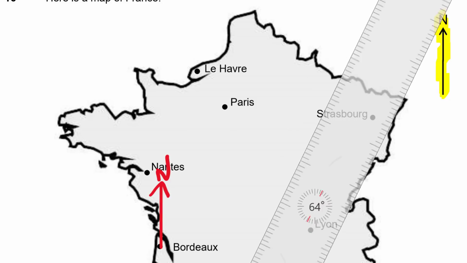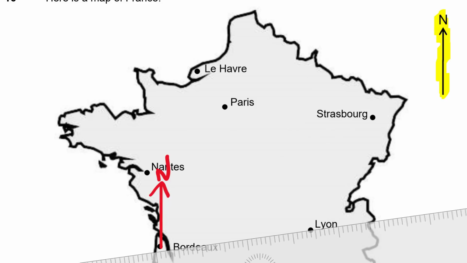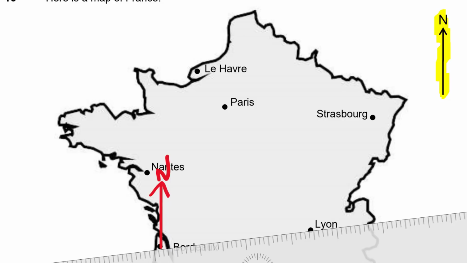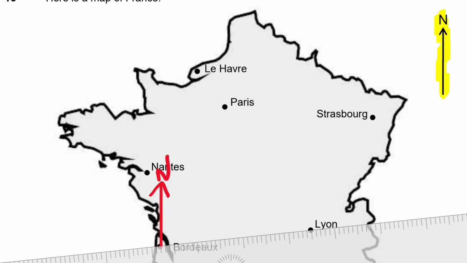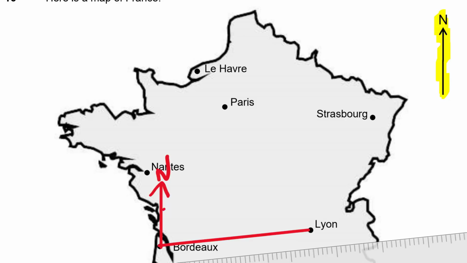And from Bordeaux, I want to go in this direction, don't I? Now, using a protractor, what you want to do is measure that angle in there. Okay? Can't really show a protractor so well in this particular application.